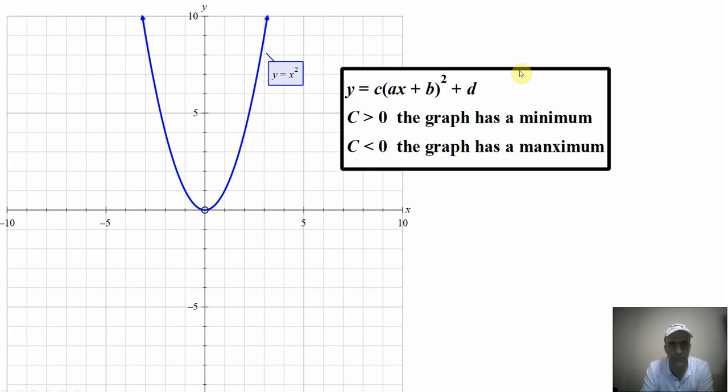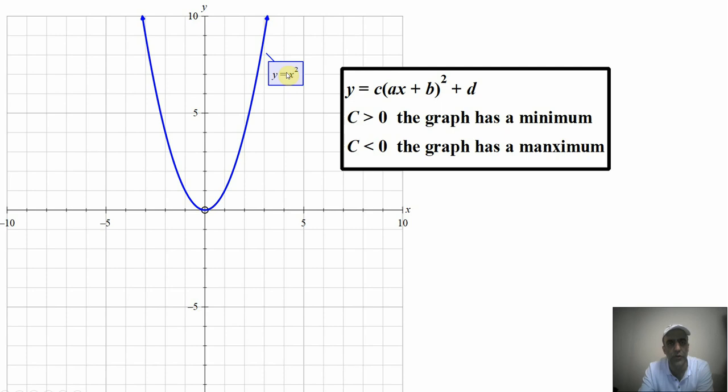And if we have a negative c, in this situation we will have a maximum. In this graph we see a minimum, and the equation is y equals x power 2, and it is symmetric.